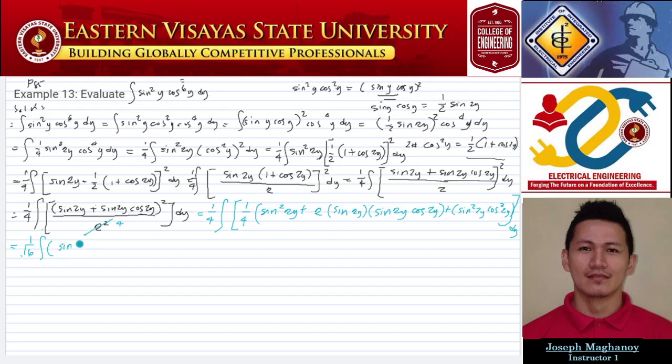Sine squared 2y plus a constant number, sine 2y times sine 2y, that is sine squared 2y, then cosine 2y, plus, of course, b squared, that is sine squared 2y, then cosine squared 2y, then our dy.